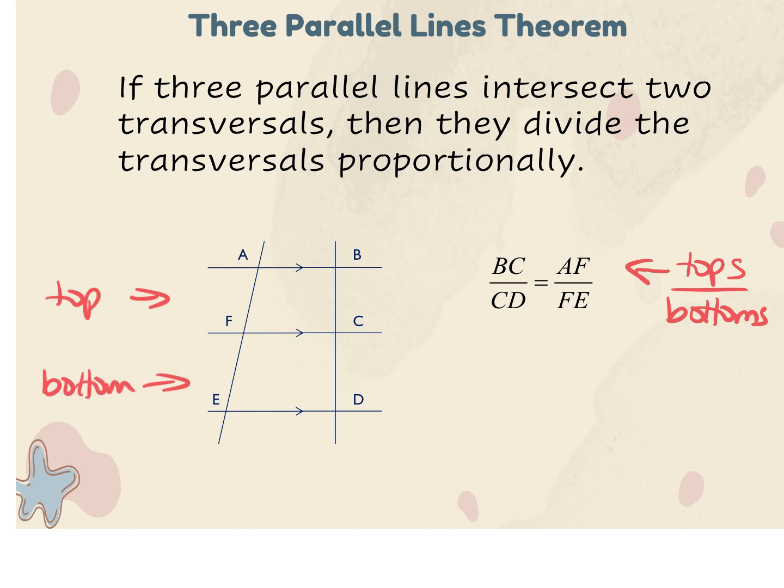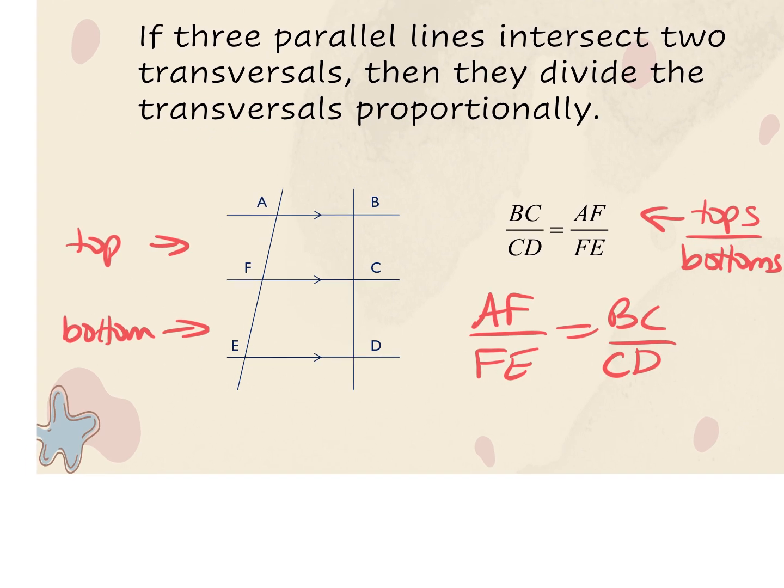Now, they did right over left. You could also do AF and put the FE first, and then the BC over CD. Just do top over bottom. You can also reverse it, and you could also do bottom over top. It really doesn't matter. If you would have preferred to flip it and do bottom portions over the tops, you can do that.